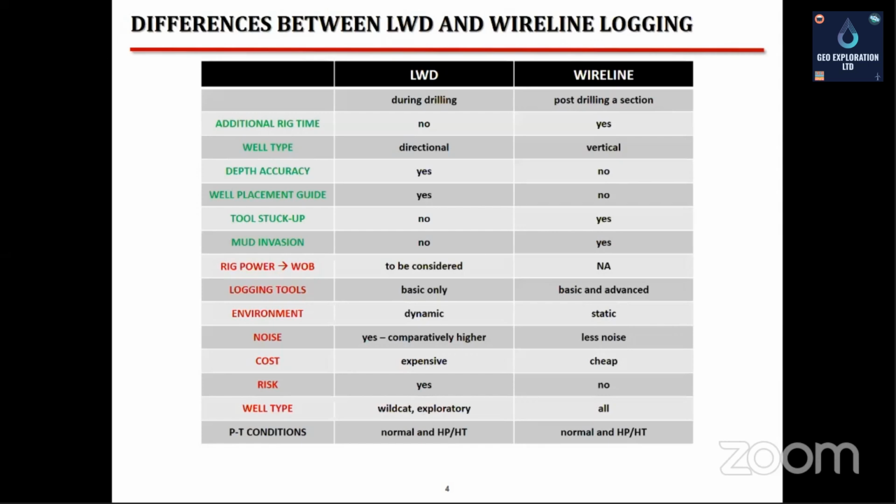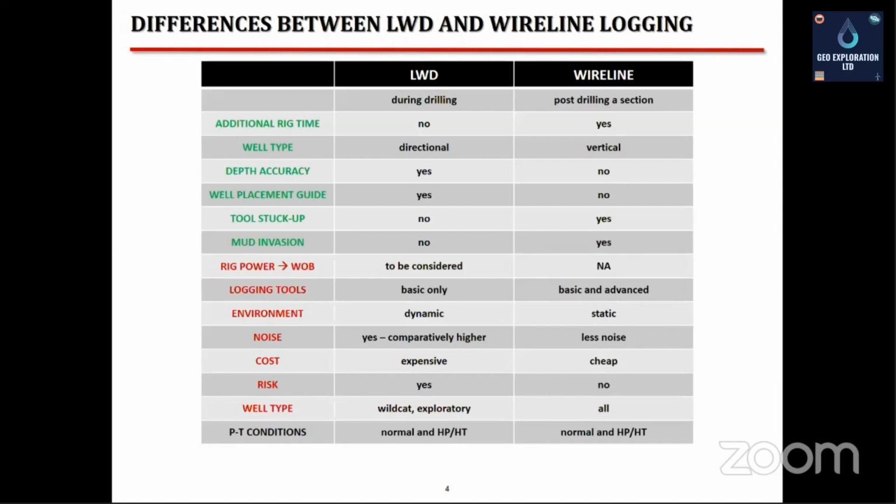Also, during the drilling phase, the borehole environment is constantly changing. That is, it is dynamic in nature, and hence the associated vibrations or movements produce more noise than in a nearly static wireline logging borehole environment.